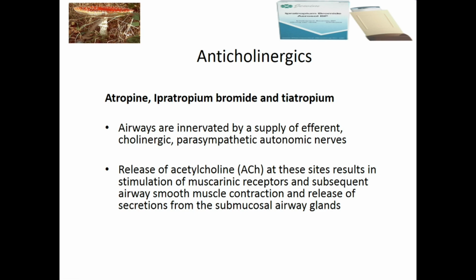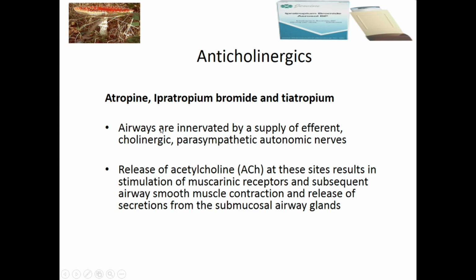Now we have come to a very good bronchodilator, that is anticholinergics. Anticholinergics, we don't give atropine because again atropine is non-specific. Okay, that's why we give drugs like ipratropium bromide and tiotropium bromide. Okay, what exactly do these drugs do? Now, if you look at the airways, they are innervated by a supply of efferent cholinergic parasympathetic autonomic nervous system.